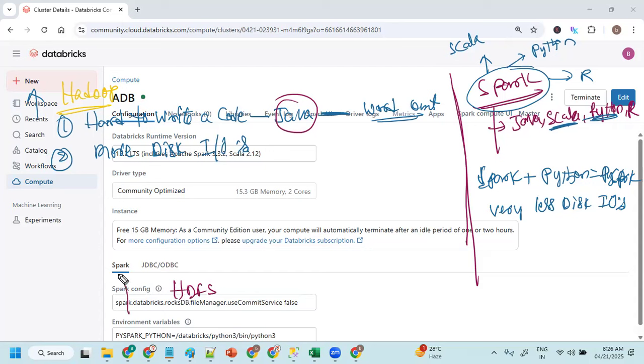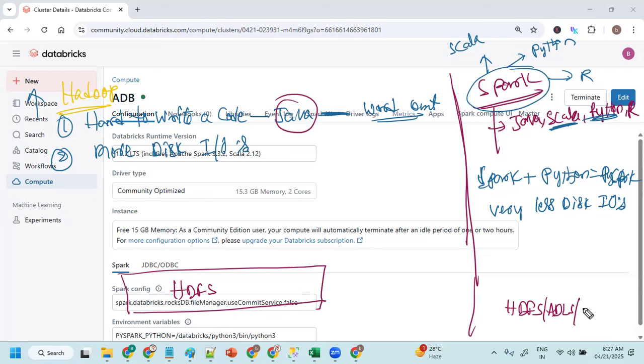This is the underlying data store for your Hadoop. Even for Spark, I'm going to use HDFS only. You can use HDFS or you can use ADLS, S3 bucket, GCP. And here I'm using HDFS. Just imagine, you can take only HDFS for reference.